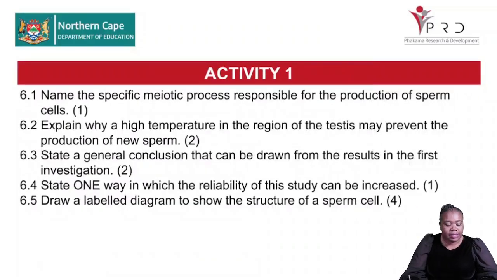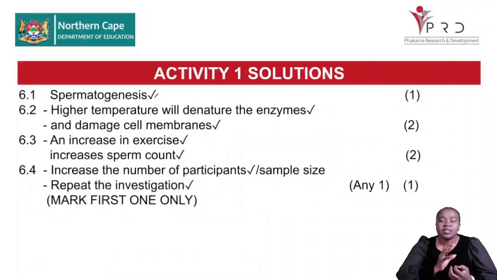All right, and then 6.2: explain why a high temperature in the region of the testes may prevent the production of new sperm. Right, so we know that the body temperature is about 37 degrees and the scrotum is placed outside of the male body so that the temperature of the testes is lower than the body temperature. This is so that the enzymes involved in spermatogenesis are not damaged by the high temperatures, right?